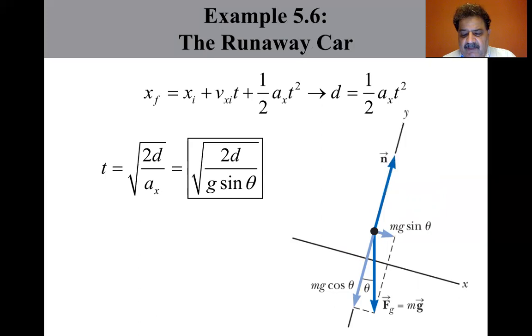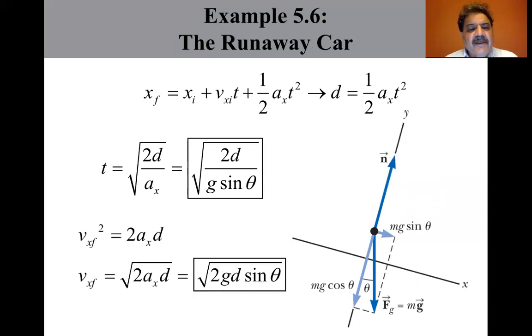Use the time independent kinematic equation with v_xi equals 0 to find the final velocity of the car. This is the equation for v_x final squared equals v_xi squared plus 2a delta x.